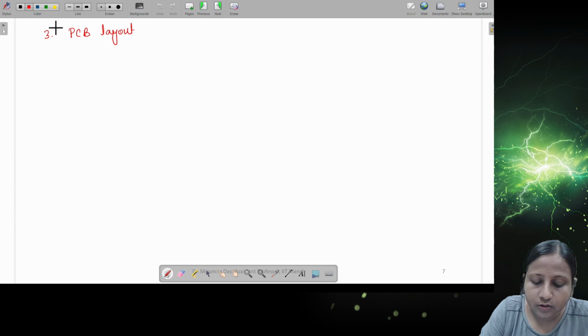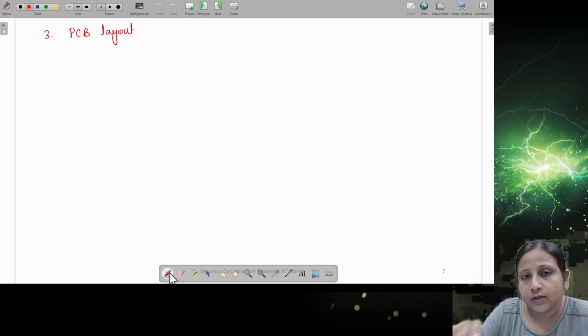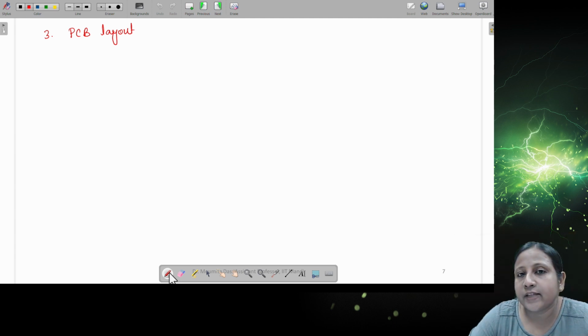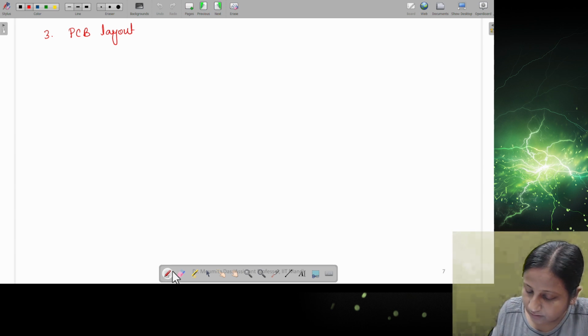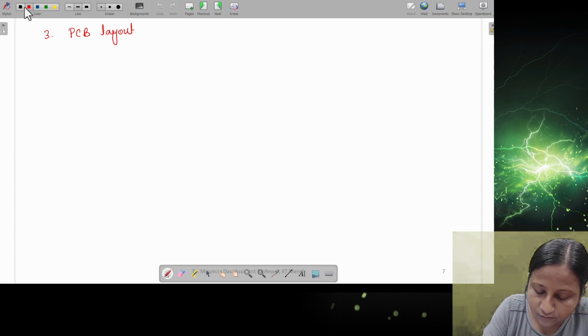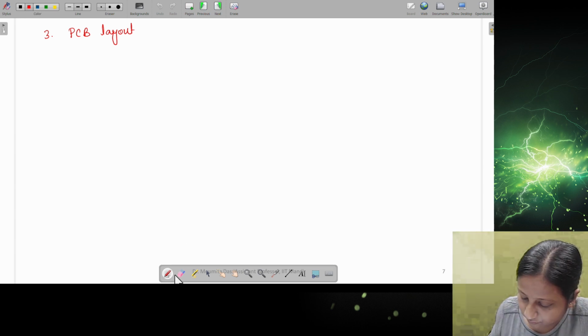How the PCB is designed affects the power density in a greater way. Basically, whatever losses we are calculating is okay, but the PCB plays a very important role.